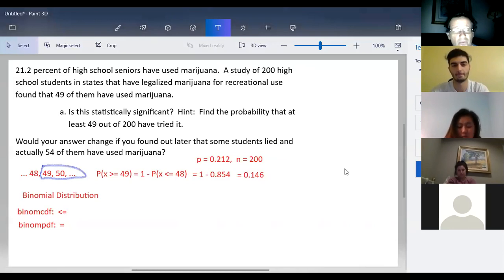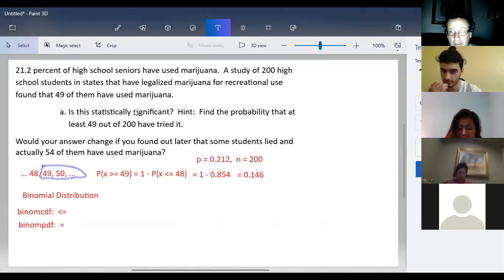Okay, so I want to look at the question again, and it says, is it statistically significant? So that's a new word for us. We haven't seen that before. It's actually one of the most important words in this entire class, or phrases.